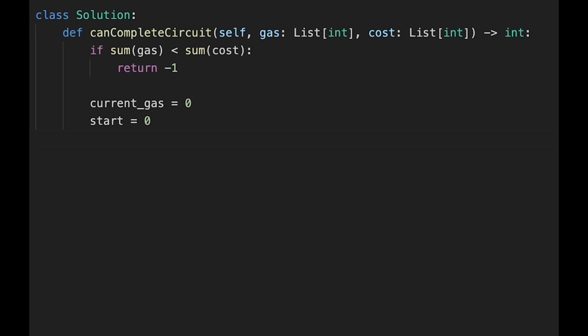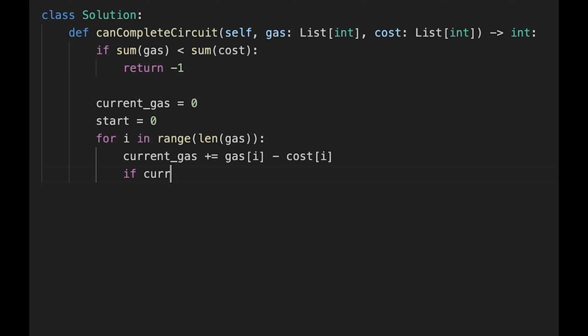And let's iterate through one by one from index 0. So for i in range the length of gas. First of all, current gas plus equals gas at the current index, so we combine gas and cost, minus cost at i.